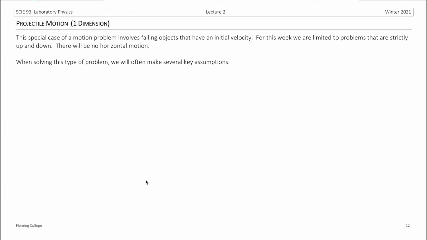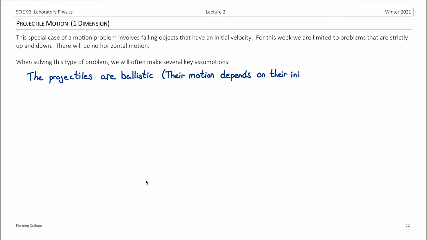When solving this type of problem, we have to make some more assumptions. First, the projectiles are ballistic. That means that their motion in the air depends entirely on their initial velocity, and they have no other propulsion. When projectiles are in flight, we know something about their horizontal motion, which will always be referred to as the x direction. We will know that the acceleration in the x direction is equal to 0.